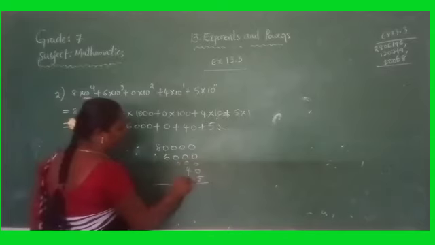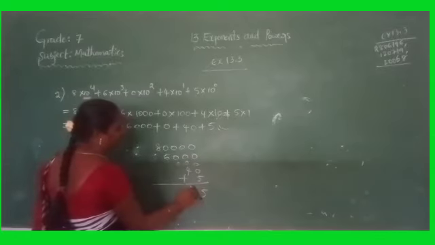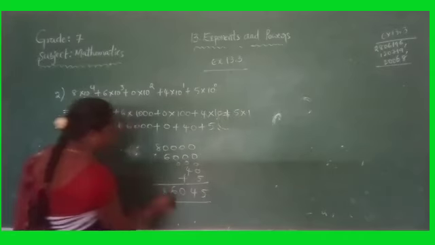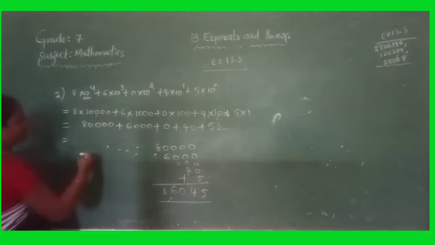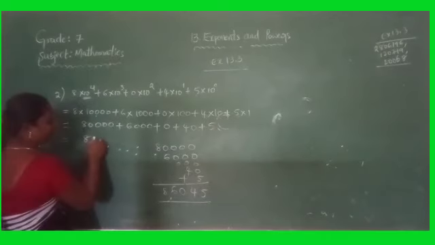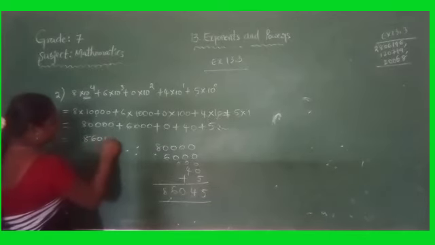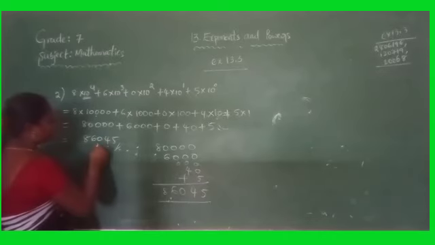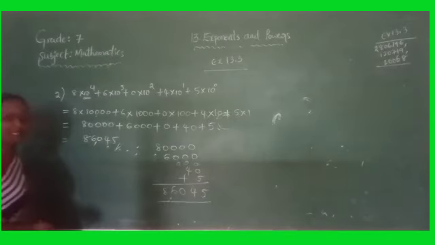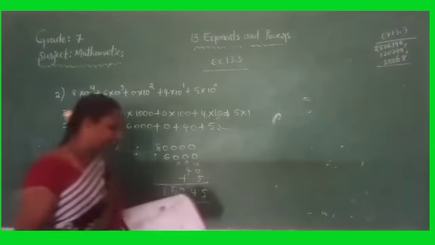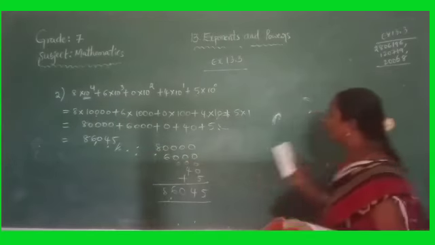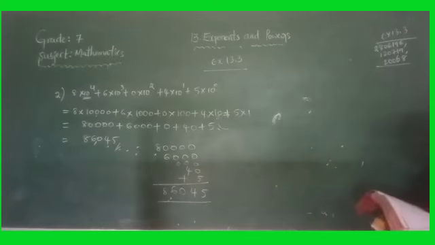So after adding you will get 86045. So what is the number after converting the expanded form to short form? What you got is 86,045. How to read this one? 86,045.